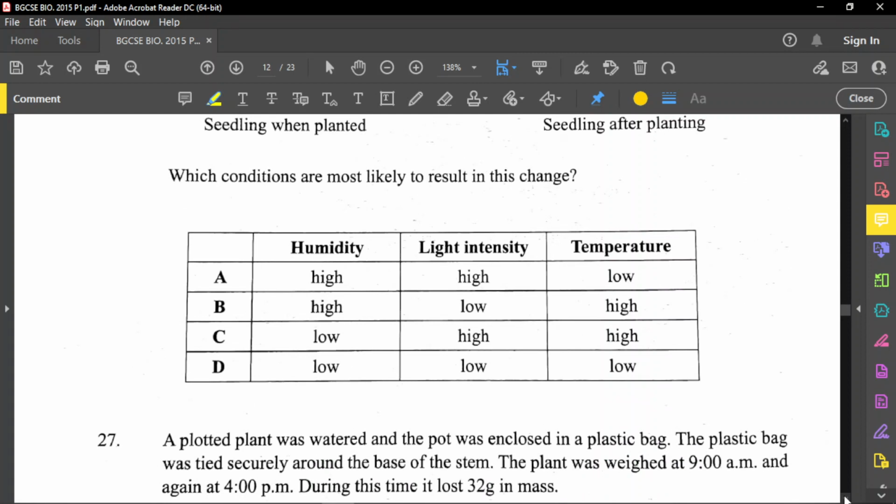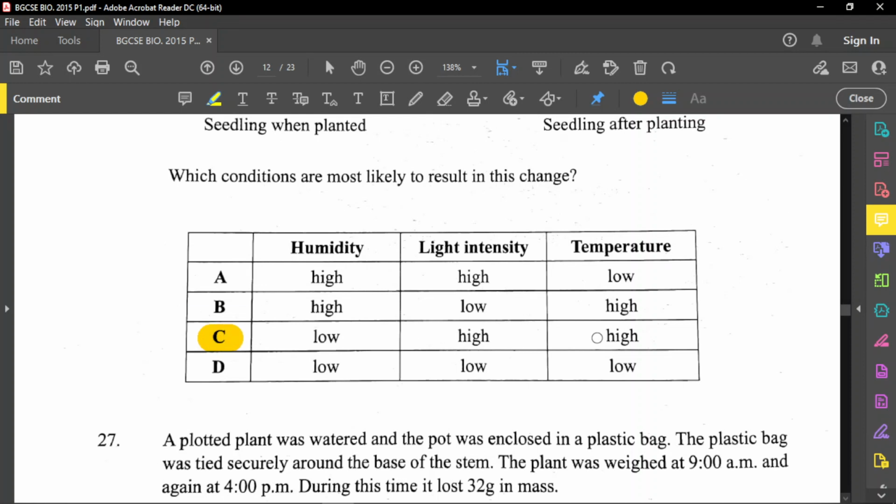In other words, what you're looking for are the conditions that will cause the plant to lose more water. And so here again, remember, talk about humidity. If you have low humidity, then we have high transpiration. If we have high light, then the stomata will be open and you lose more water. And then also high temperature, which increases evaporation of water. So C will be our option right there.